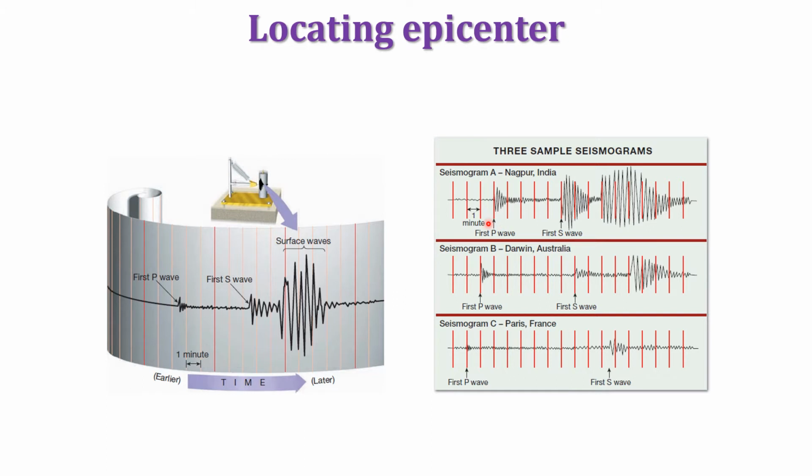Itong interval na to, based on the rotation of the rotating drum. So, here are 3 seismograms in 3 different stations. And this space here, in between the 2 red lines, signifies 1 minute. Okay, so in India, unang dumating si P wave at this point in time.